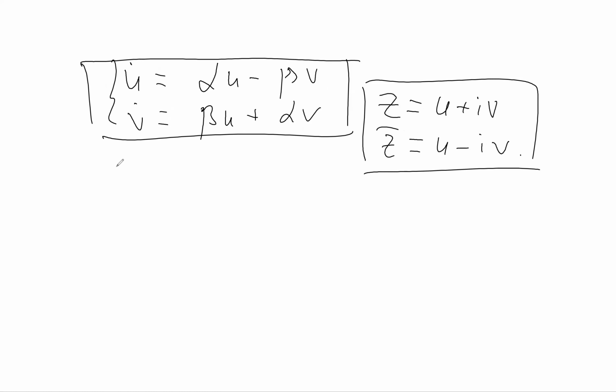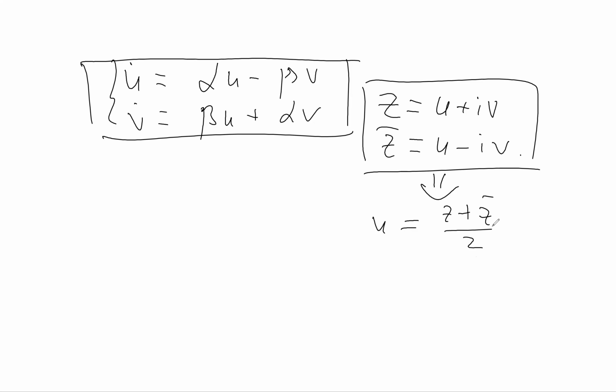If we add these two equalities, we have z plus conjugate of z equals 2u, so u equals z plus conjugate of z divided by 2.